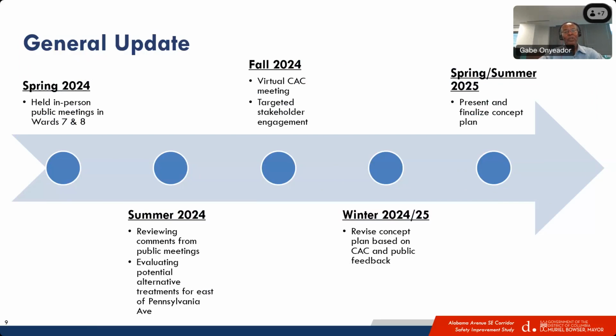Today, fall 2024, at this meeting, we are trying to get your feedback on segment 3 so that we know what to carry forward with the project. In winter 2024, we will revise all the concepts based on the comments we received today. And in spring 2025, we'll be finalizing the project and the concepts. With that, I would like to hand over to Preston.